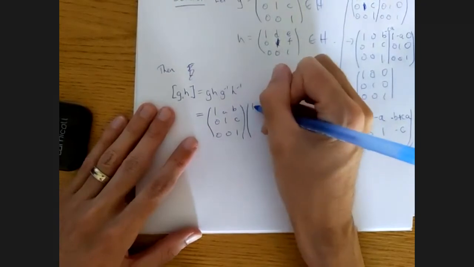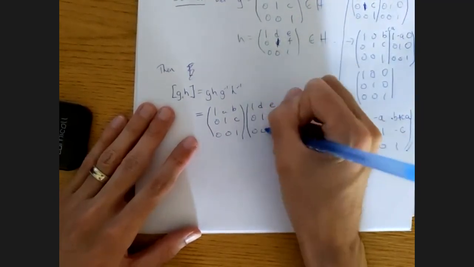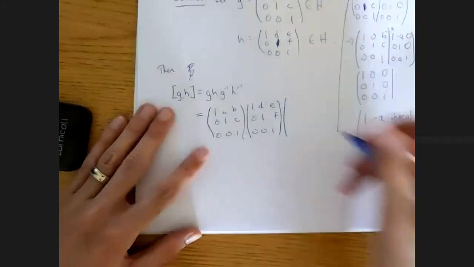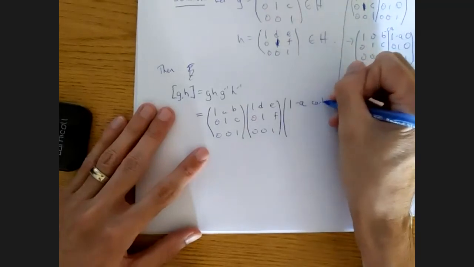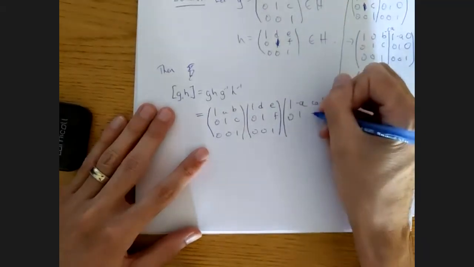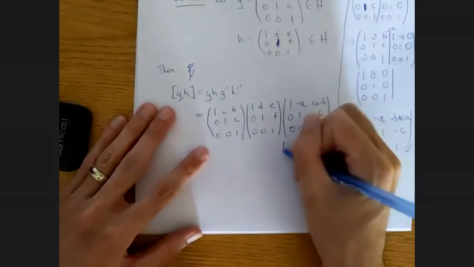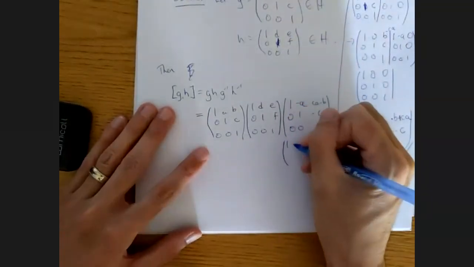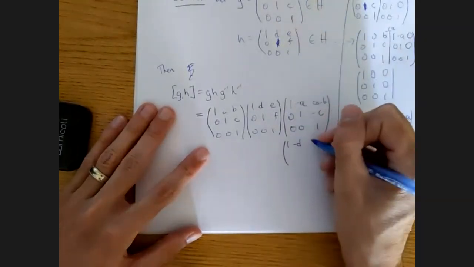Here's H, and now G inverse. And then the last matrix is just H inverse. So we do DF minus E.